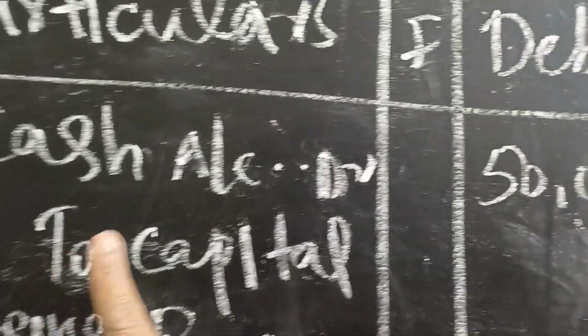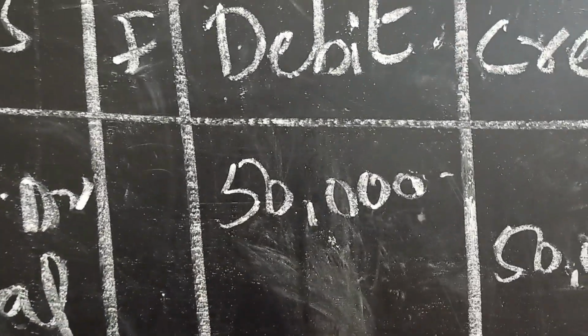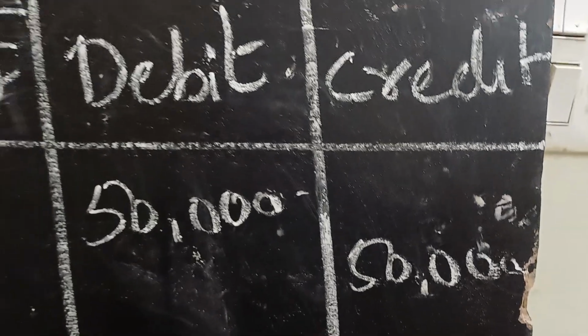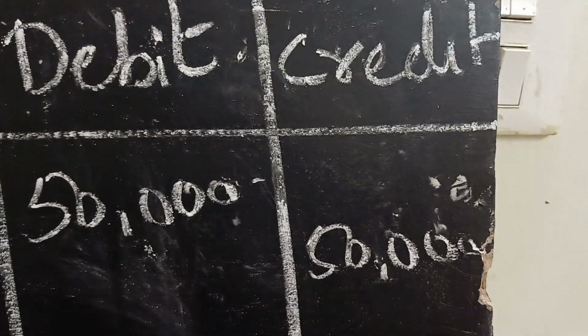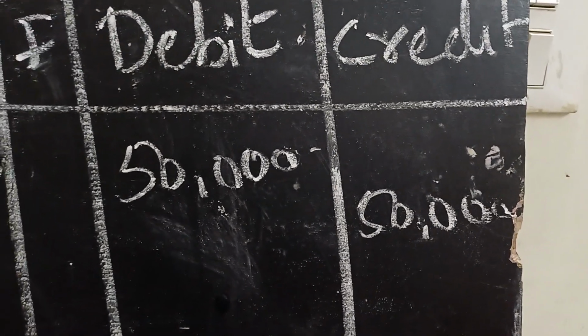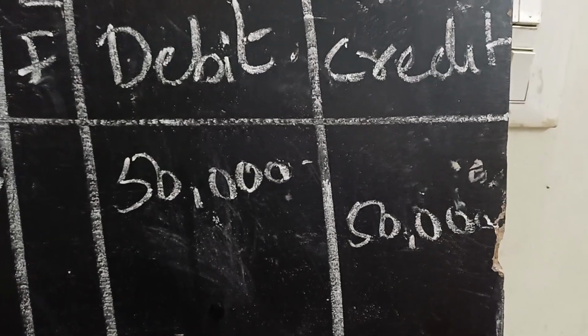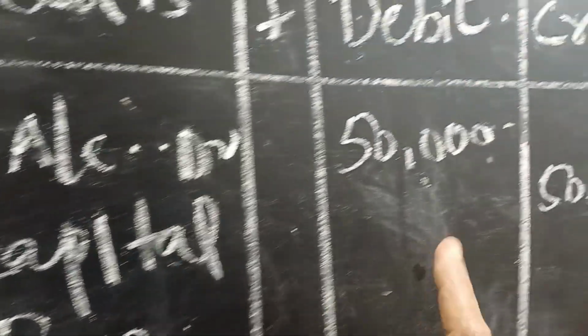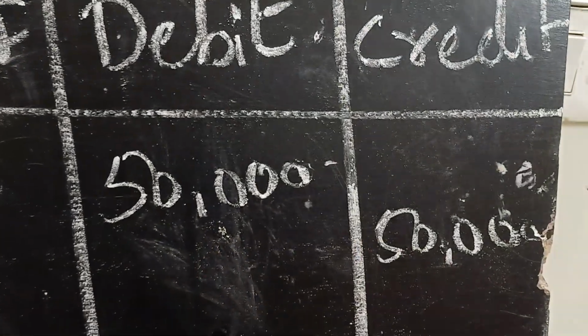In the debit column we write 50,000, and for capital, which comes under the credit column, also 50,000. The debit and credit columns should always tally and be equal. So cash account debtor to capital 50,000, written in both columns.